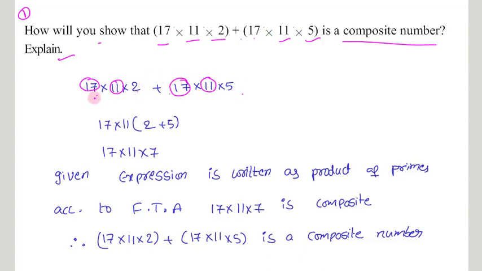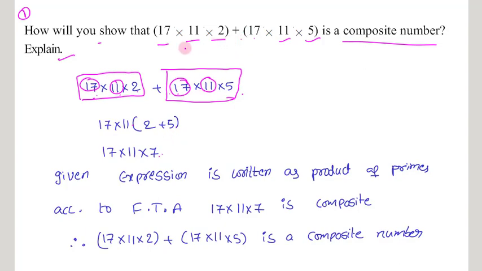In this expression there are two terms: the first term before the plus, and the second term after the plus. In these two terms, 17 into 11 is common. On taking 17 into 11 common, this can be written as 17 into 11 of 2 plus 5, that is 17 into 11 into 7.